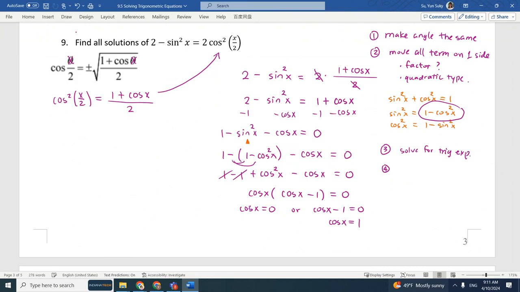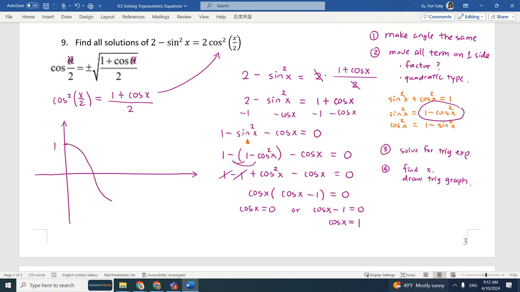And finally, we find the x. So in this case, you need to draw the trig graph. Here we have cosine x. What is the graph of cosine x? A wave starting at 1.